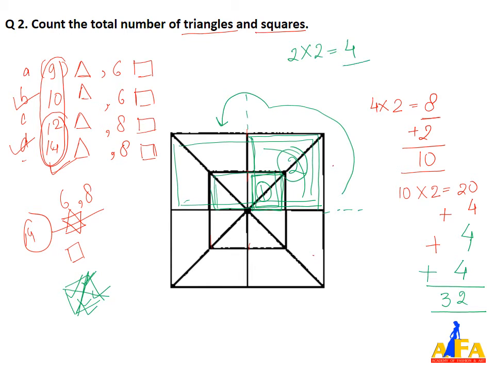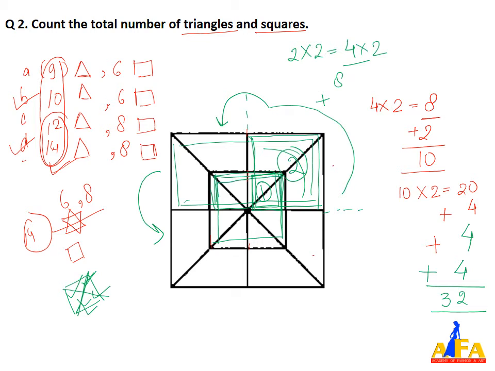So 4 comes, and then we can see that the upper shape is similar to the lower shape, so we can multiply with 2 because the upper body is similar to the lower body. So 4 into 2 becomes 8. Now 8 comes, and we can see that now we have the number of common squares.